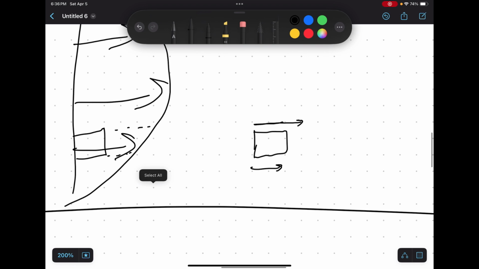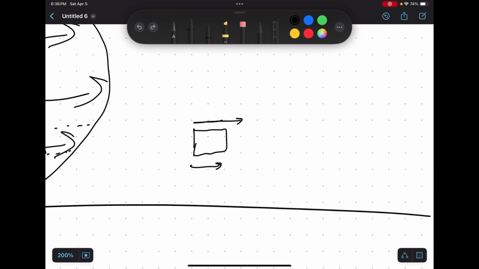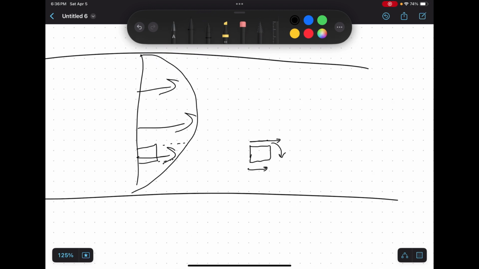So it's being pulled with a higher velocity on the top surface and a lower velocity on the bottom surface. So it will want to rotate this way, and it will spin. That's pretty much vortices. You could literally end the video now and you'd be good.